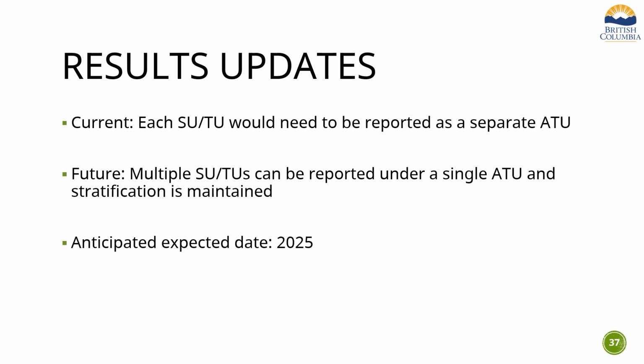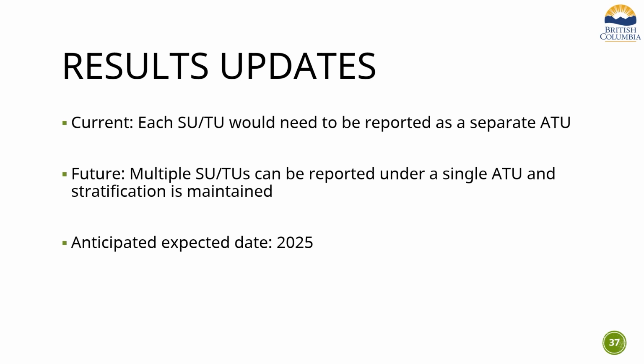They plan on updating results so that a single ATU can be associated with multiple treatment units, and the stratification will be maintained. They plan on releasing this results update sometime between 2024 and 2025. As a result, we won't be making this a mandatory requirement until results can better facilitate it, so 2025.